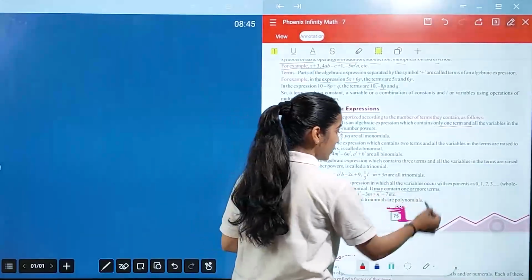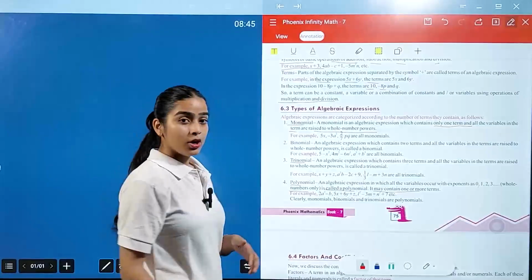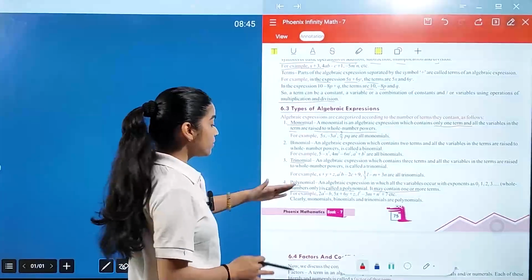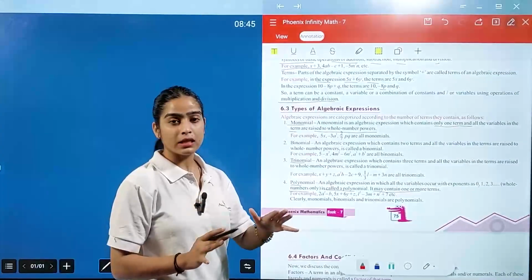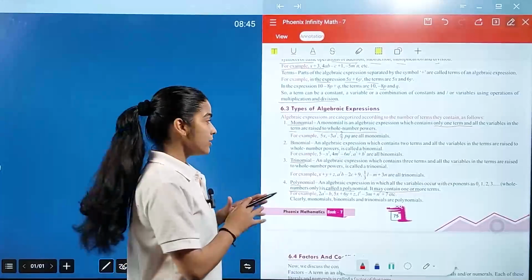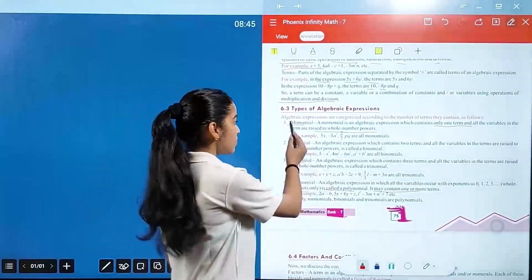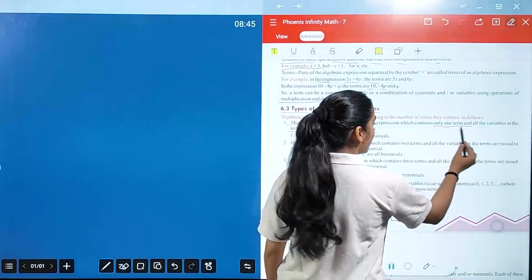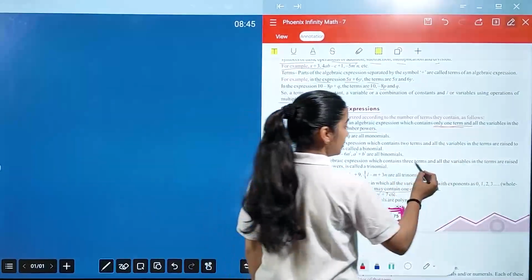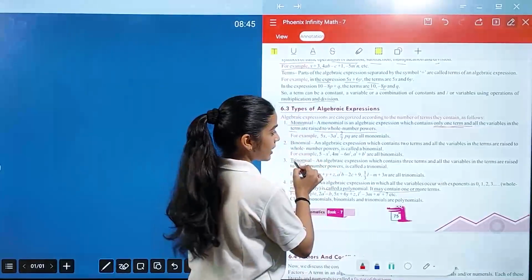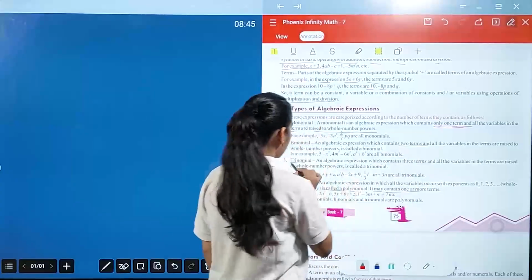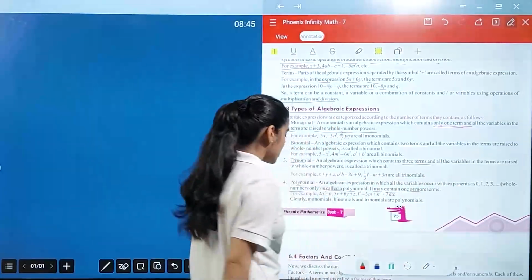It may contain one or more terms. By just seeing their names, you can easily identify which has one term, two terms, three terms and more than three terms. Monomial, only one term. Binomial, where we have two terms. Trinomial, three terms. Okay students.